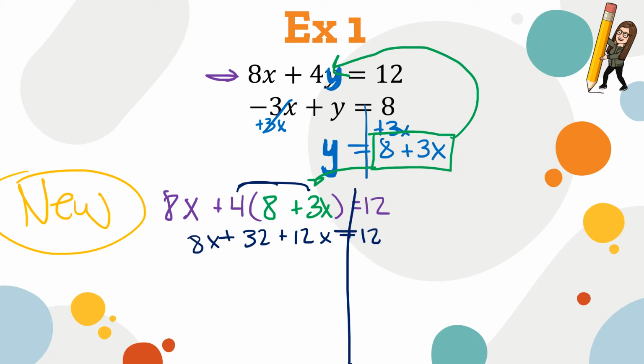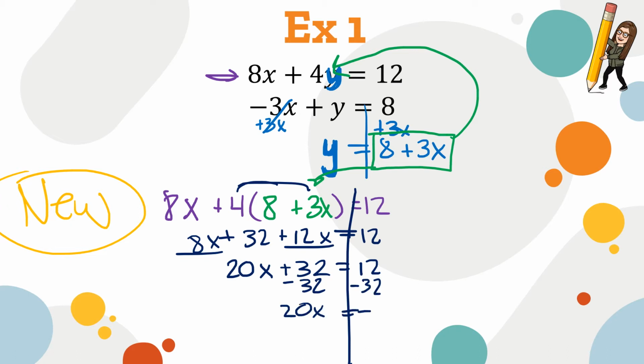I'm going to do that again. I'm going to combine like terms. Let's see what else. I'm going to move that 32 to the other side. So I've got a negative 20. Oh, easy, perfect. So I'm going to divide by 20, and I got x equals negative 1.